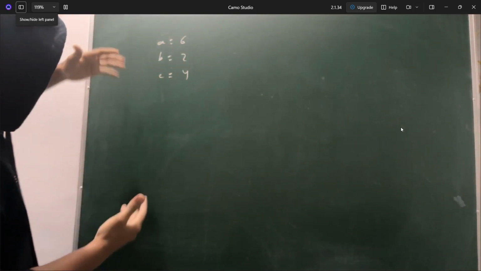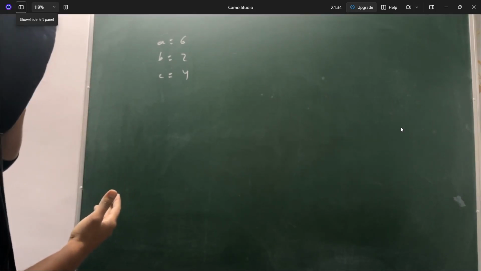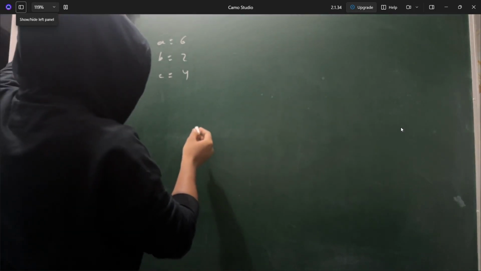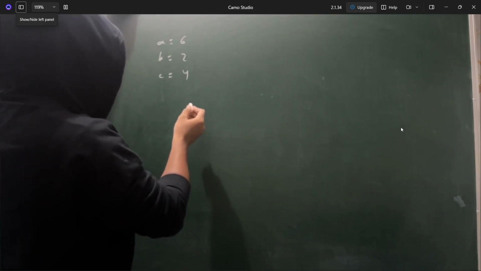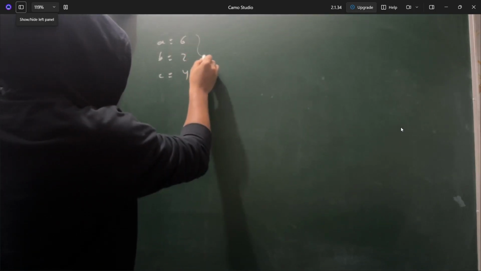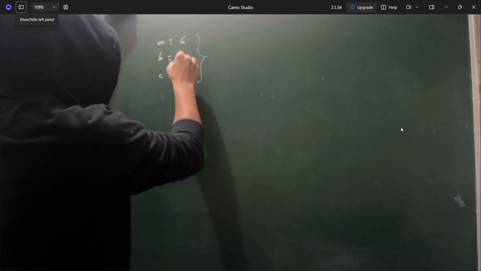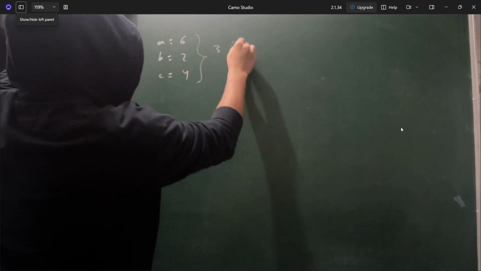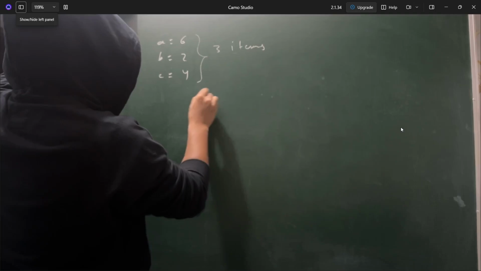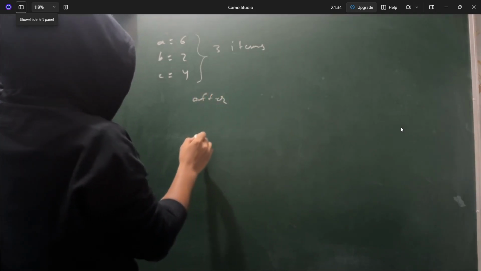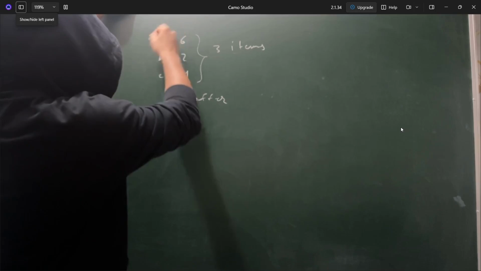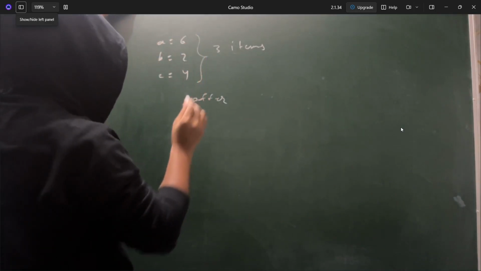So basically, chef has gone to the supermarket, and there is one offer. If chef buys 3 items, and the 3 items' prices are A, B, and C, whichever item has the lowest price, he'll get free of cost.